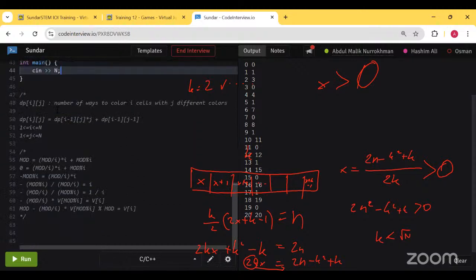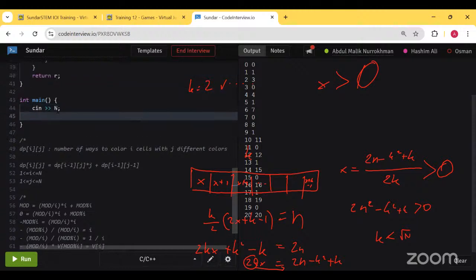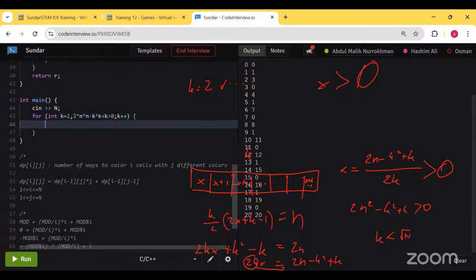If we want to find it for some n, we loop k from 2 as long as 2n minus k squared plus k is greater than 0. And you know, the complexity of this for loop is only square root of n. Do you believe it?